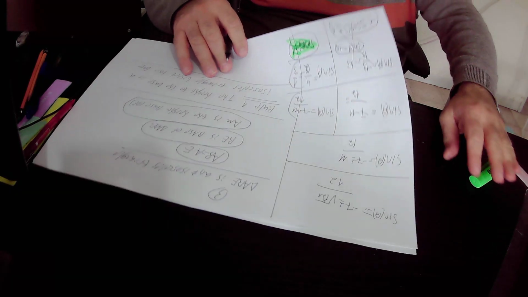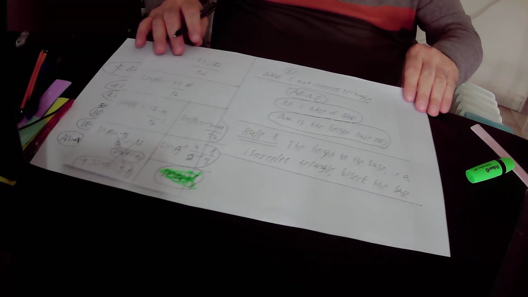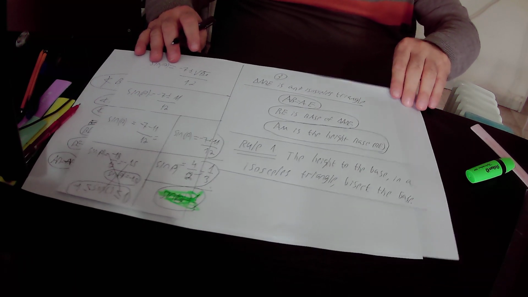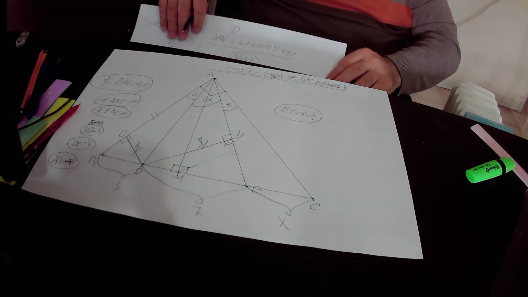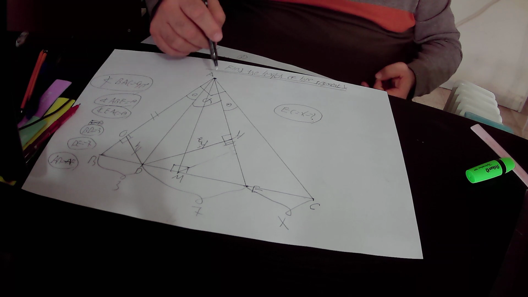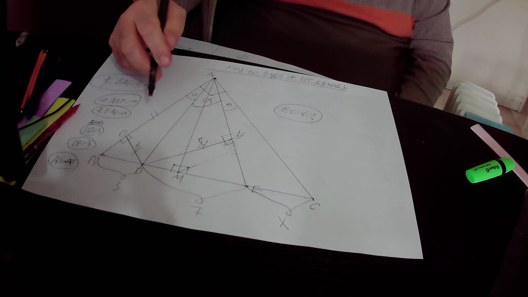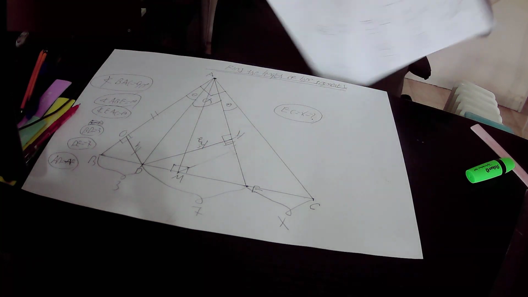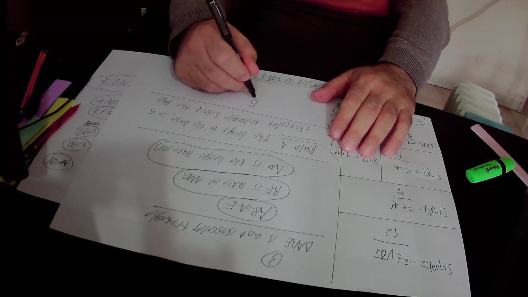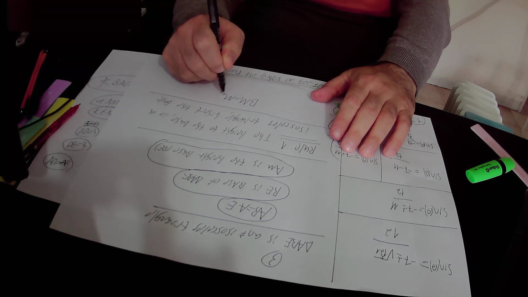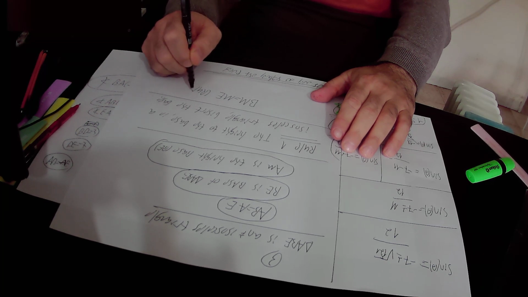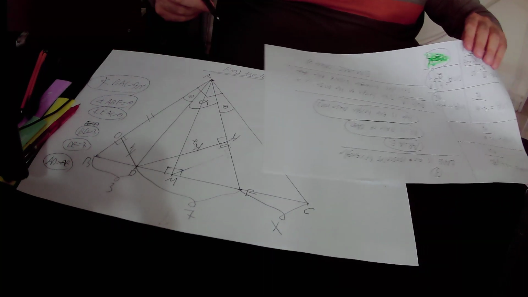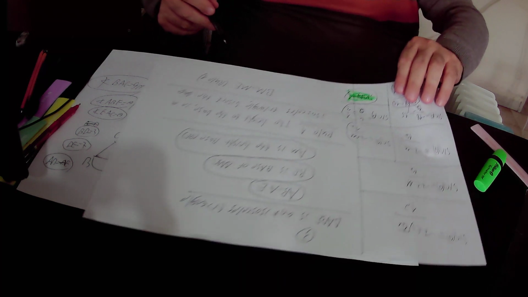So I read rule number 1 again: the height to the base in an isosceles triangle bisects the base. So here, according to rule number 1, the height AM to the base BE bisects the base BE, that is to say BM equals ME, because the height AM bisects the base BE.